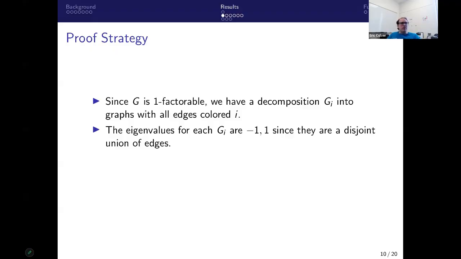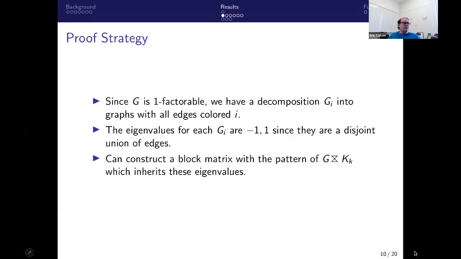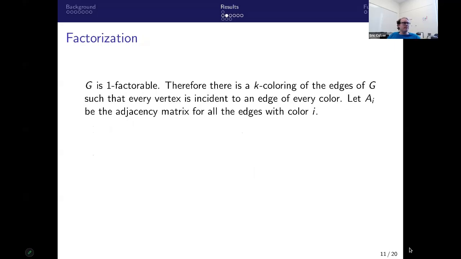And then we can use those block matrices to construct a bigger block matrix for this modified strong product. By using the construction that I will explain, it will inherit those exact same eigenvalues of -1 and 1. So that's the basic overview.